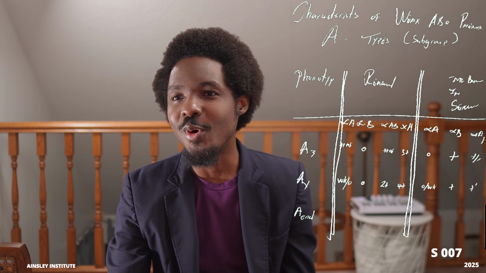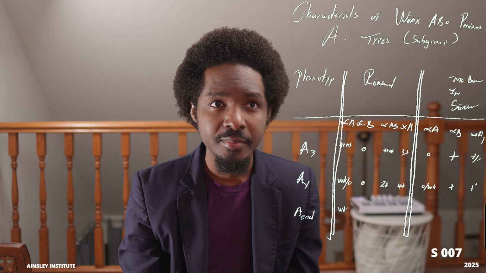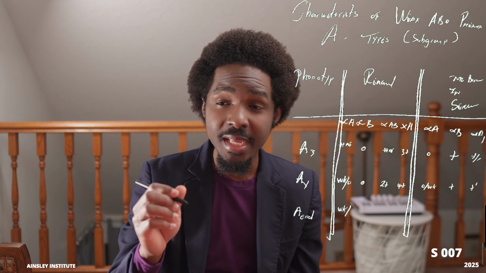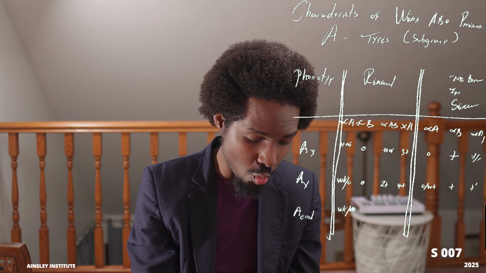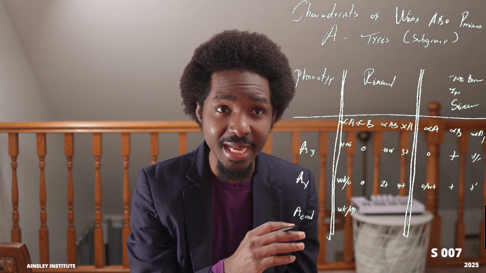Then let us move to another one, A and E and D, all right? This is not the end of the world, but this is very important as well. For this one, we have a weak reaction in the anti-A, and we may have a weak mixed field reaction in the anti-A.